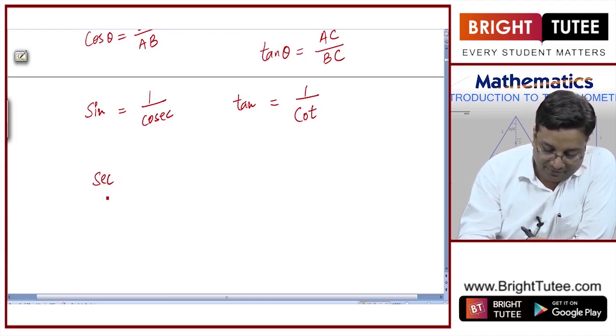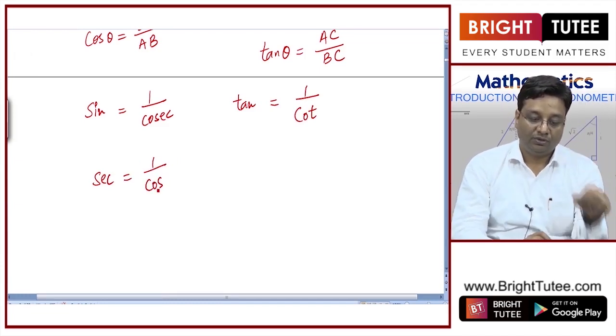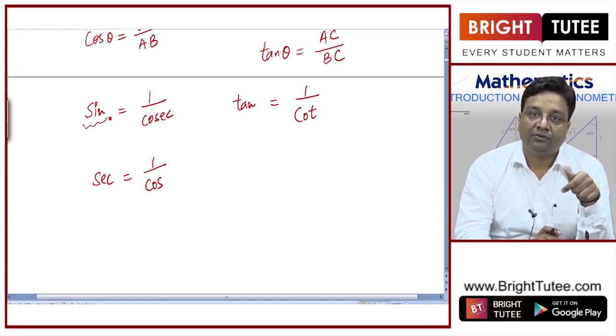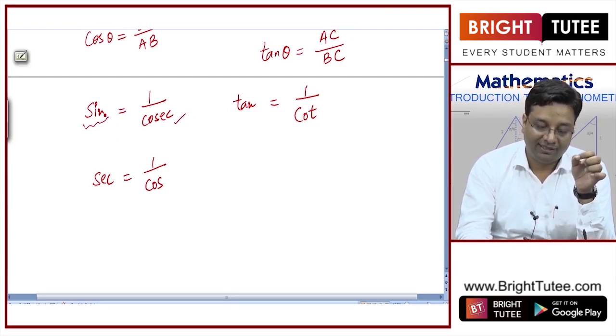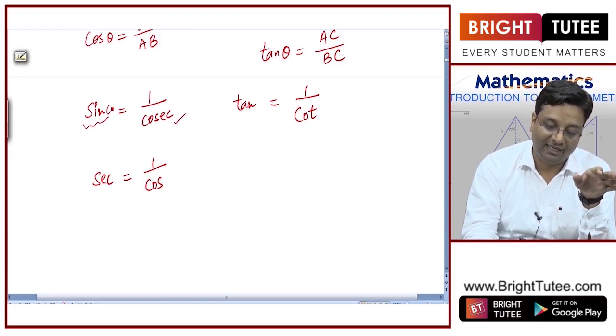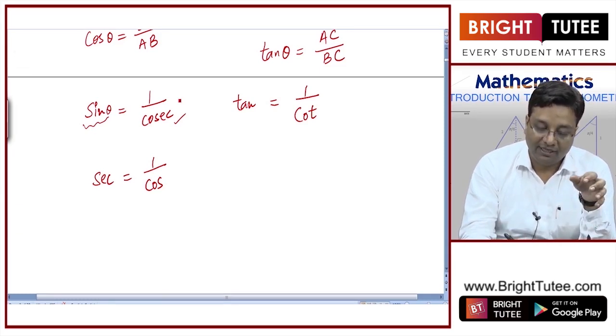Secant is reciprocal of cos, right? So the ratio that was given by sine, you just have to flip that ratio and it will give you cosecant, right? This sine itself doesn't mean anything. Once you write angle here, sine theta, then it is meaningful, right? I am writing these just to make it clear to you.